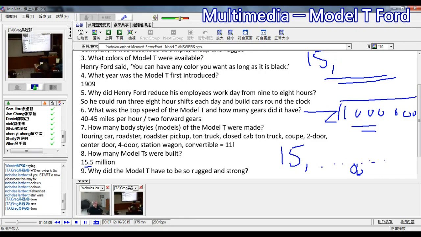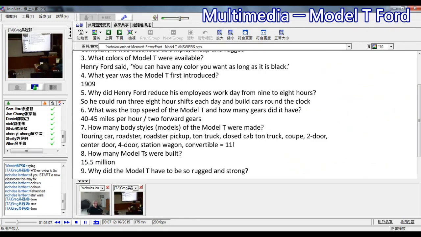How many half a million? What's 500,000 times 2? Come on.